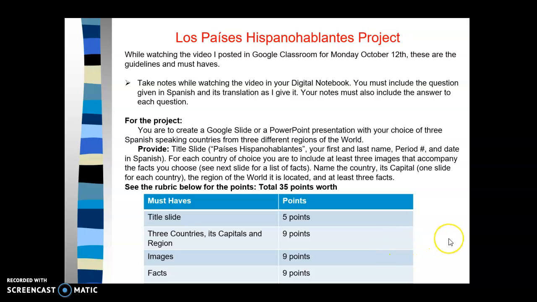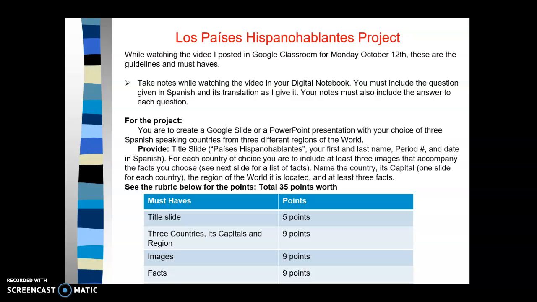And you are to provide the following. This is what you need to have in your project. You need to provide a title slide with the title Países Hispanohablantes, your first and last name, your period number, and date in Spanish. I repeat, the date must be in Spanish. For each country of choice, you are to include at least 3 images that accompany the facts that you choose.